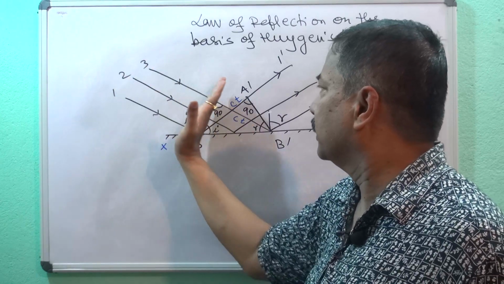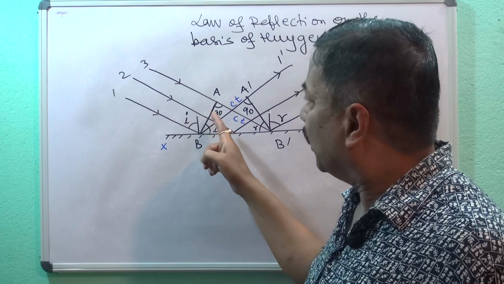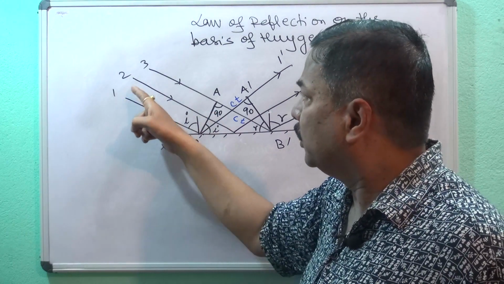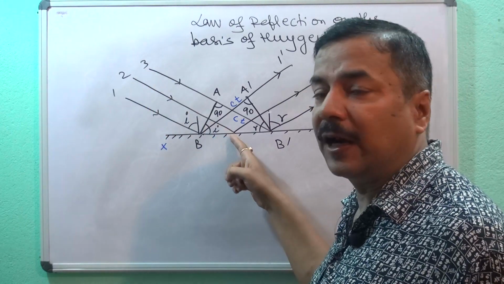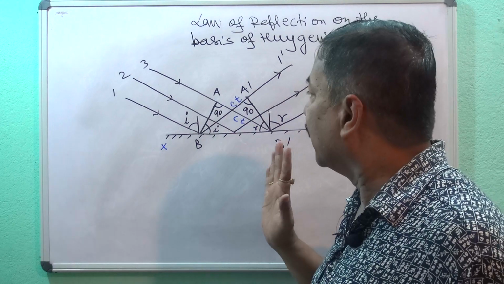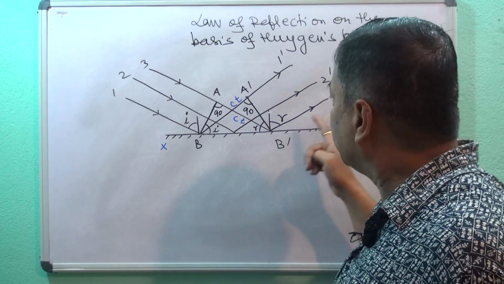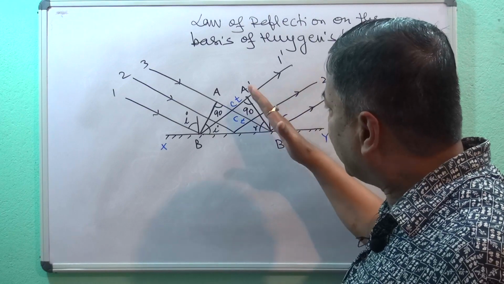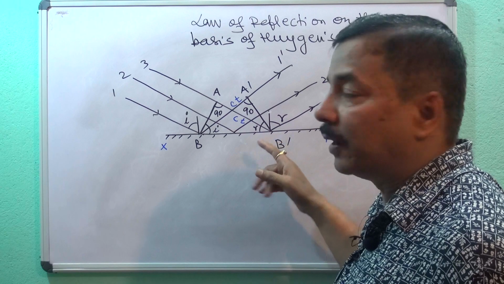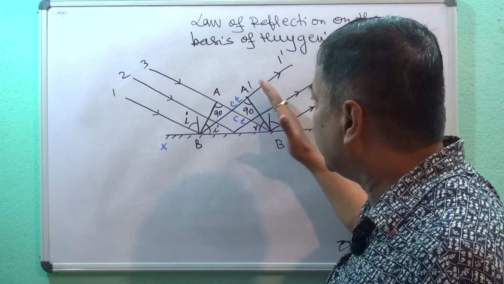It is coming in this way, and then it is going in this way. On the wavefront, the ray is normal. So 1, 2, 3 represent the incident ray, and AB is representing the incident wavefront. 1 dash, 2 dash and 3 dash represent the reflected ray, and A dash B dash is representing the reflected wavefront.